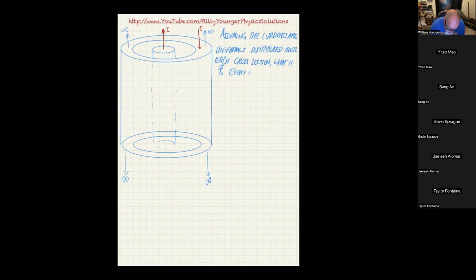Do those I's have the same value? Yes, they have the same magnitude, but they're in opposite directions.